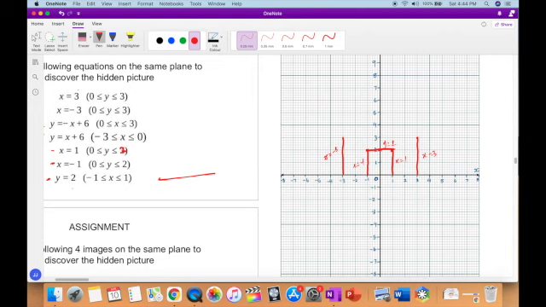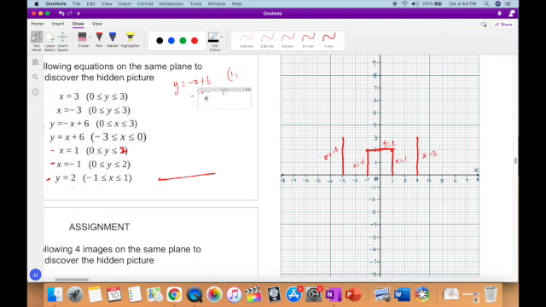We have the line y is equal to negative x plus 6. I'm not going to do the statements just for the sake of time. Let's just see, if x is 1, then negative 1 plus 6, so y is going to be 5.